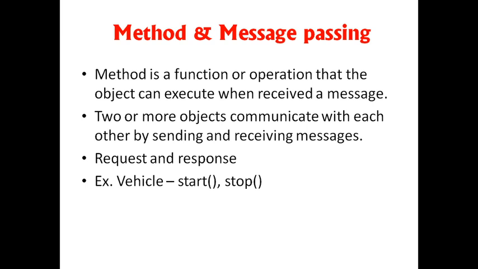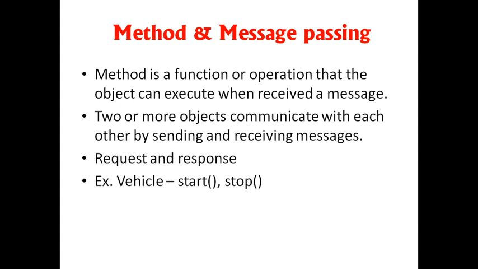Next is method and message passing. Method is a function or operation that an object can execute when it receives a message. And message passing means one class can have multiple objects and they can communicate with each other by sending and receiving messages. It is just like a request and response.